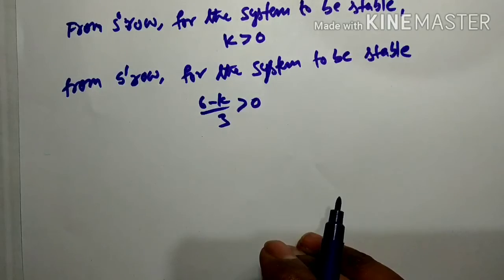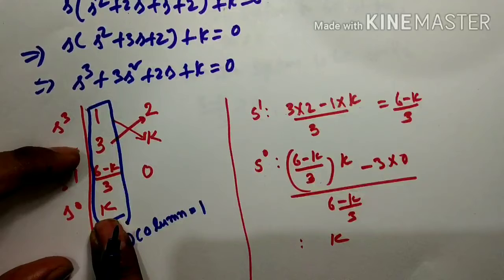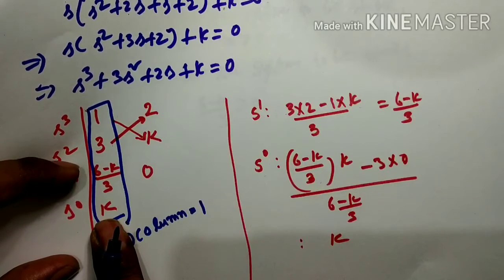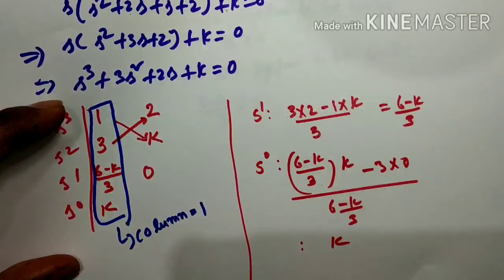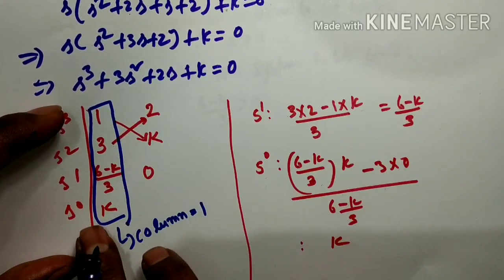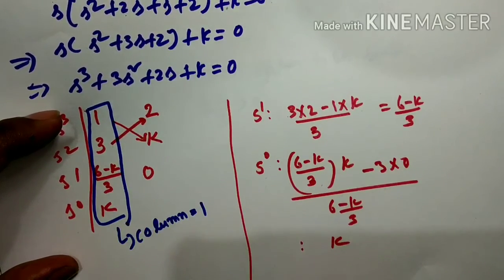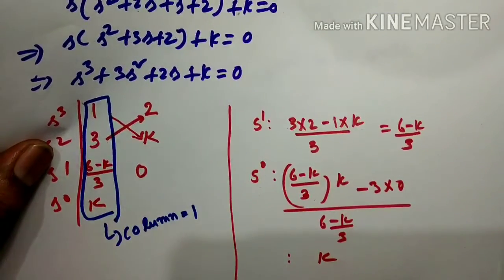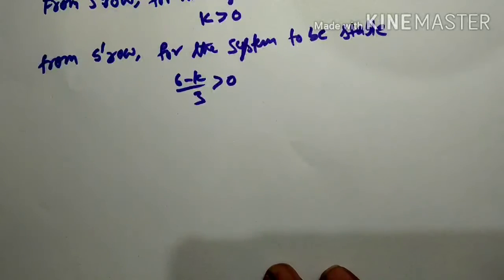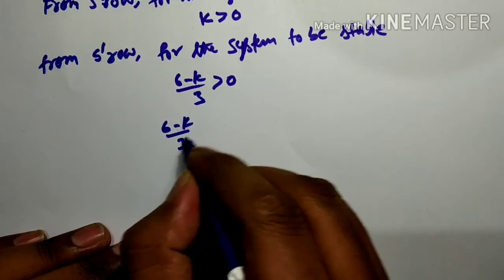You see that here, if you put a negative k value, what happens? The system becomes unstable. So I am just considering k greater than 0. Okay, so for a stable system, for here also (6 minus k) by 3 greater than 0.